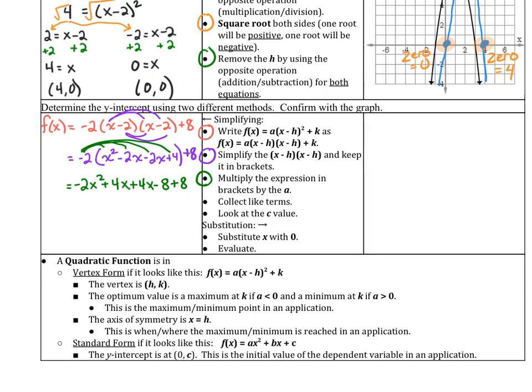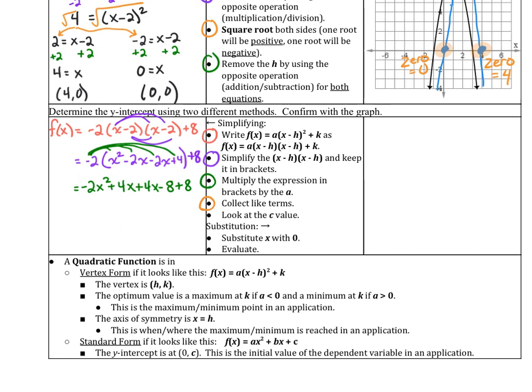Then the next thing you're going to do is to collect like terms. We have like terms here, and we have like terms here. 4x plus 4x is 8x. Negative 8 plus 8 is 0. Now, the 0 you don't actually write, but that is indicating where the y-intercept is.